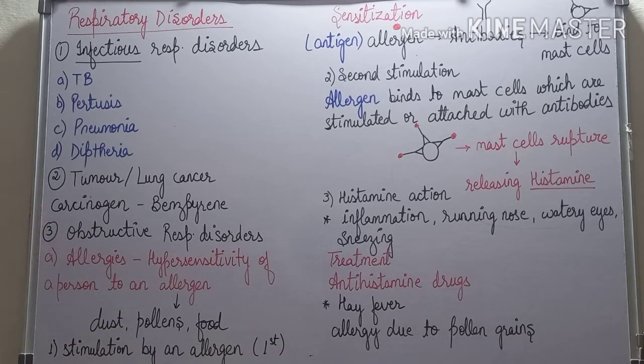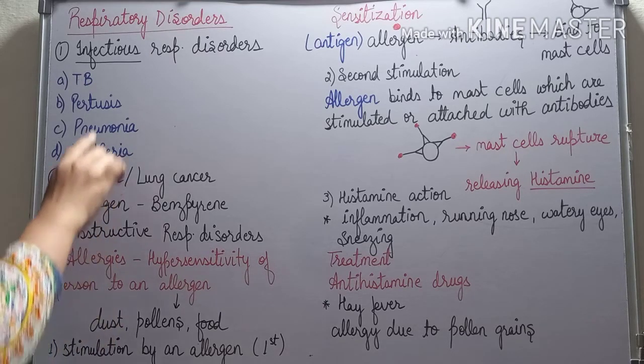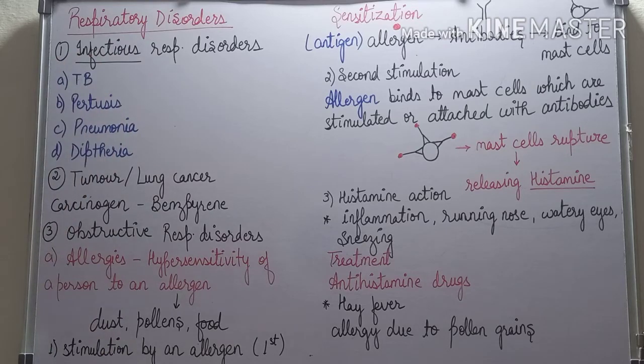These diseases are caused by certain bacteria or virus or protozoa or any microorganism it can be. So if it is caused by any infectious microorganism, it will come under infectious respiratory disorders. Remember these four examples.